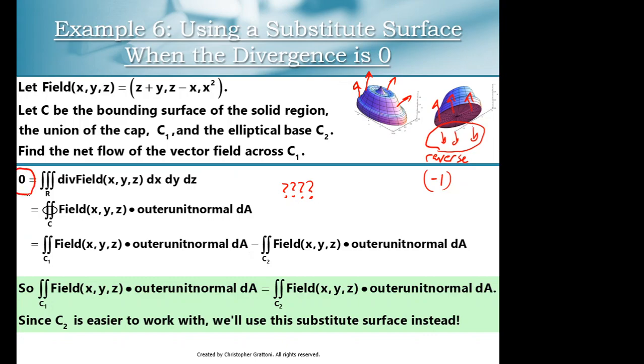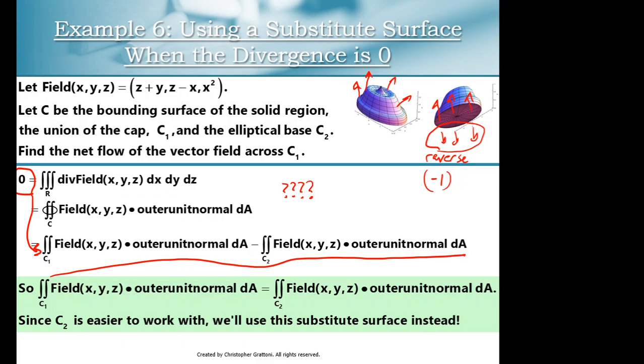I'm using this 0 combined with this expression, and that's how I'm going to derive that the surface integral for C1, that open surface with the pointy hat, the pointy spike at the top, is going to be the same as the flow across that open surface that makes the elliptical base of that hat.